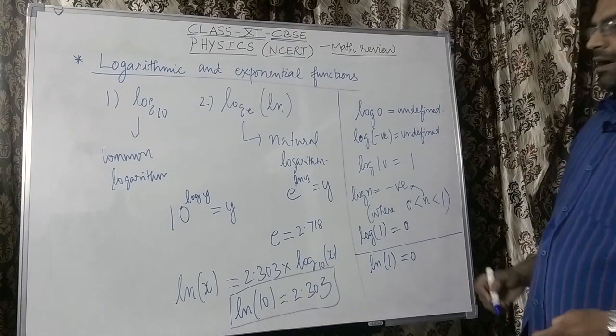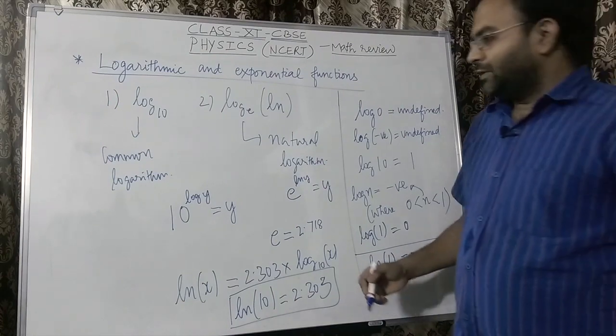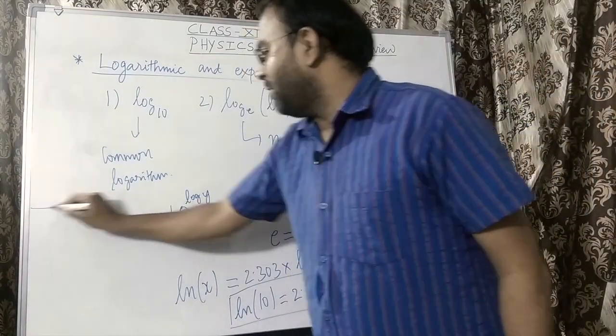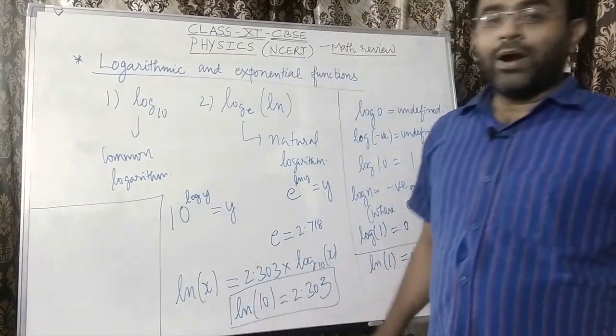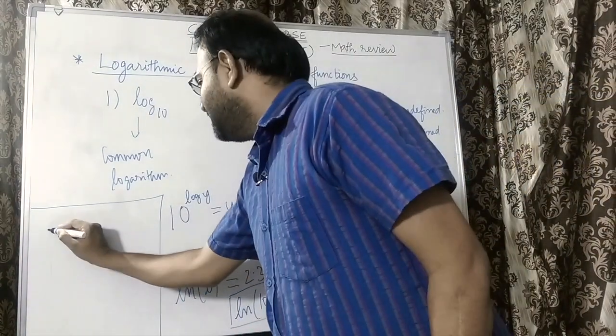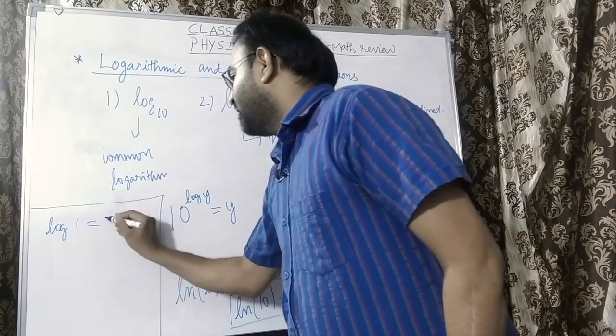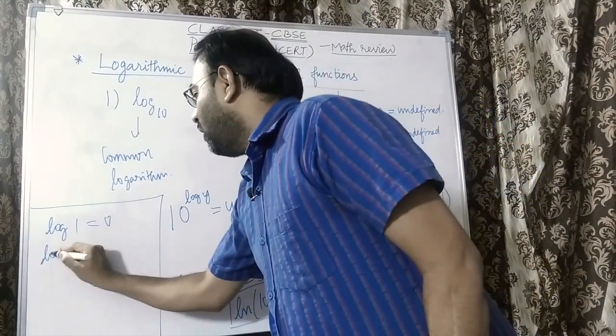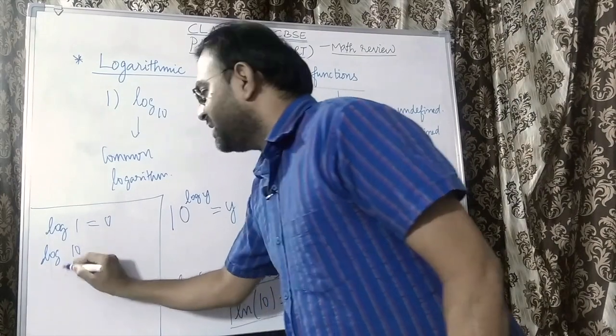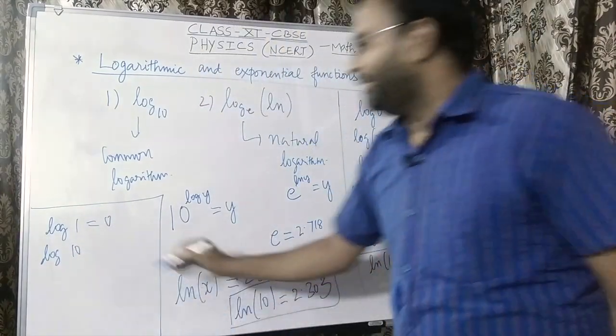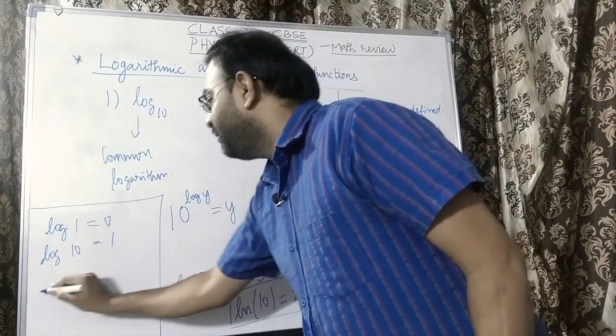Right. This apart, one has to remember certain things easily. Wherever required, one can apply those things. That is, log of 1 is equal to 0, as I already mentioned. Log of 10, when I don't mention clearly the base, it means it's base 10. So this is 1.